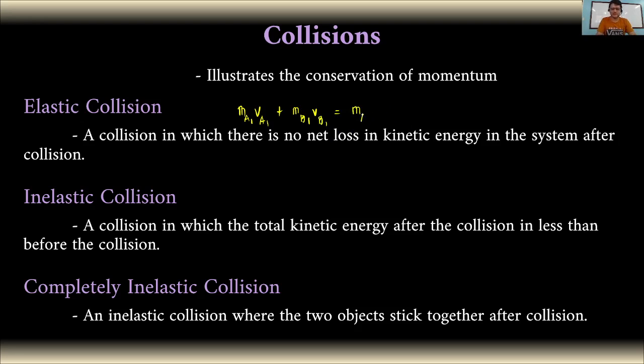So we have ma2 va2 plus mb2 vb2. These are simply their momenta. So this is pa1 plus pb1 is equal to pa2 plus pb2.